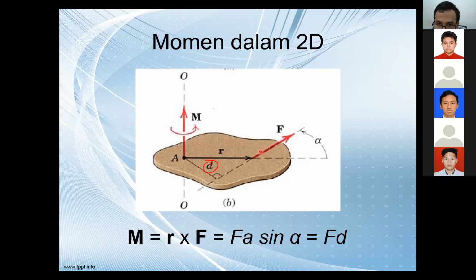So for example, this is the line, this is the force. If you want to move it here, you still can, because it's still in the same line of action. But you cannot move it here, because it's a different line of action. You can move it freely along the same line of action.